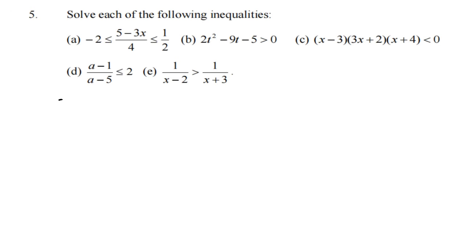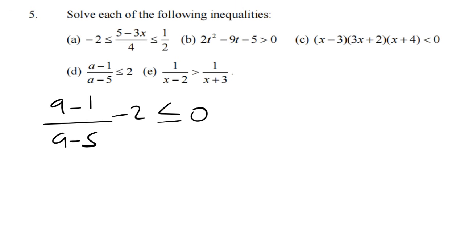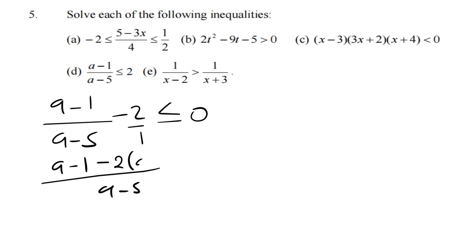I'm going to start with the first one, but I'm not going to finish it. I'm going to take the 2 to the other side to be minus 2. Then this will be greater than or equal to 0. Then find your common denominator. In this case, we're going to have a minus 5 as a common denominator. Then when we divide this into that, I'm going to have a minus 1 on top, minus 2 which is multiplying with a minus 5.